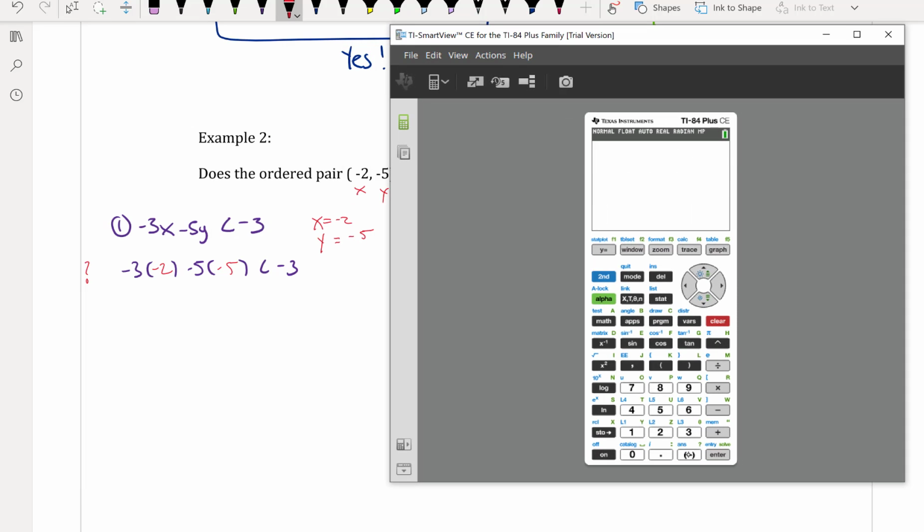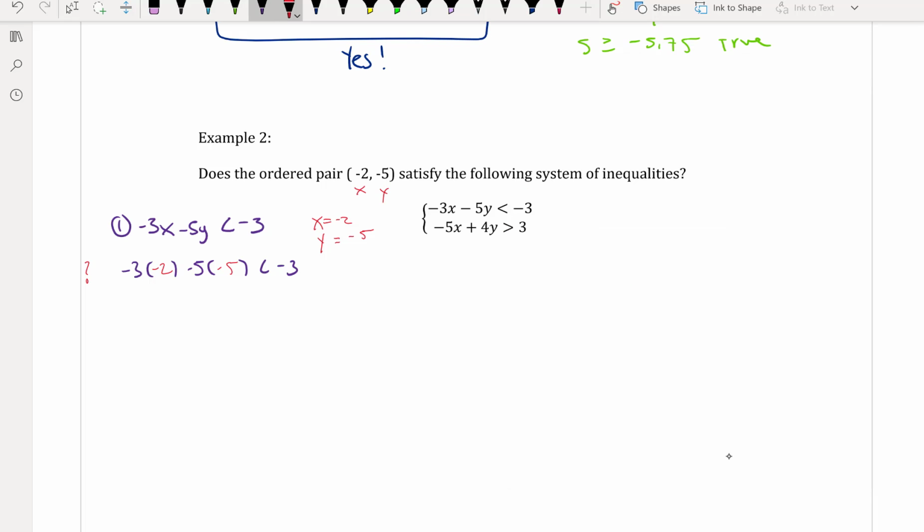So I have -3 times (-2), minus 5 times negative 5. When I plug that all into my calculator, I'm going to get a positive 31. So is this statement true? Is 31 less than negative 3?